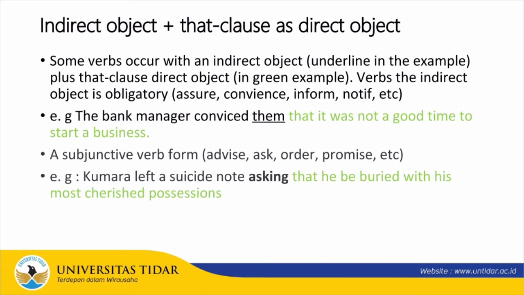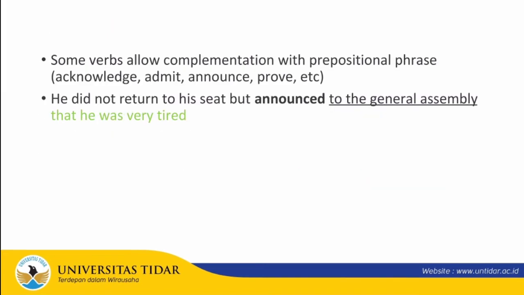The example is: Kumara left a suicide note asking that he be buried with his most cherished possessions. We can see that asking is the verb, and that he be buried with his most cherished possessions, in green color, is the direct object.